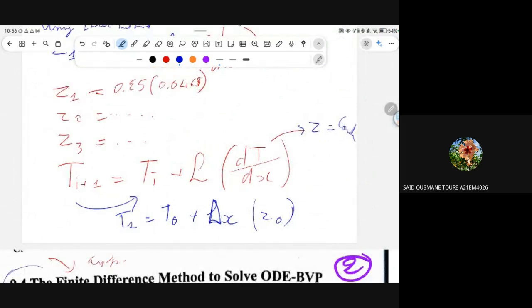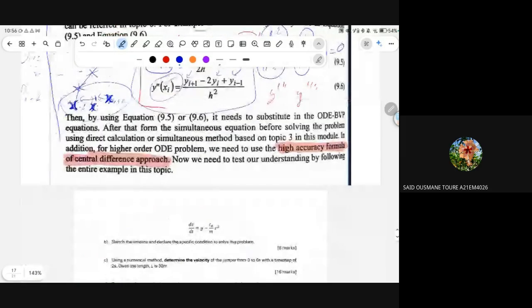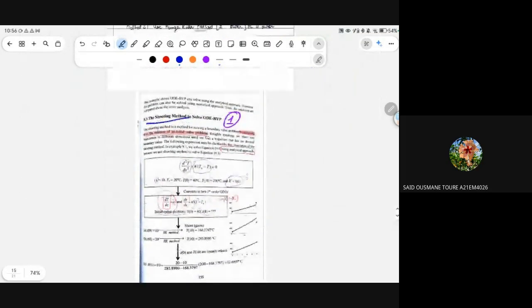Now the accuracy is different once again, because this is why we call it shooting method, because the accuracy is actually very different. The more accurate approach, like we said, is the central difference approach. It's very complex. This is why I advise you to look into it in terms of theory.